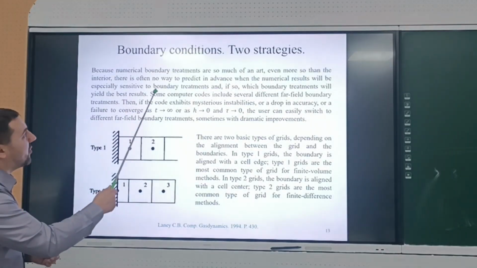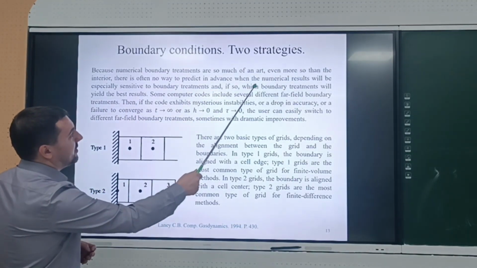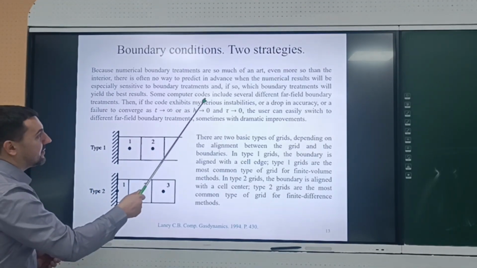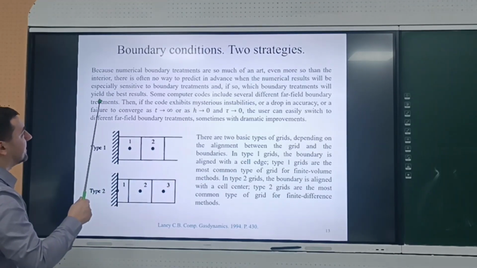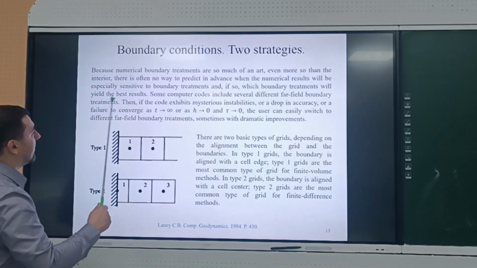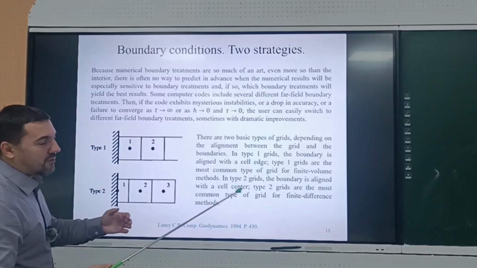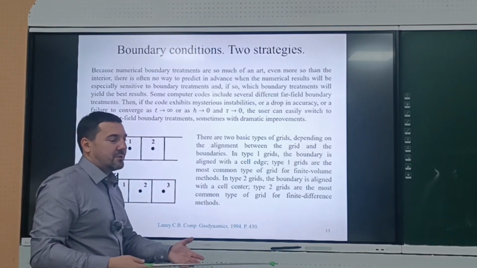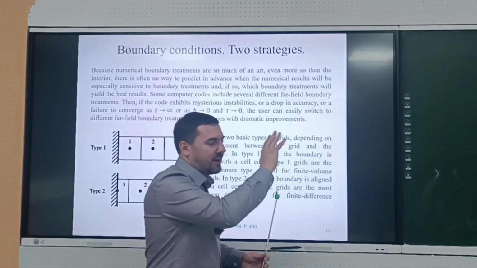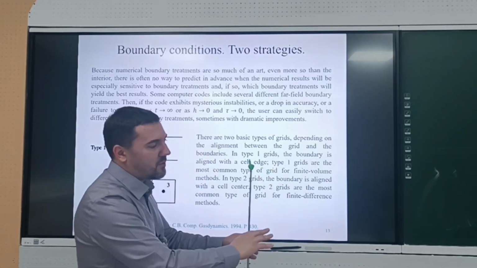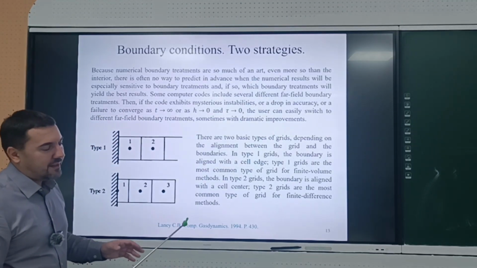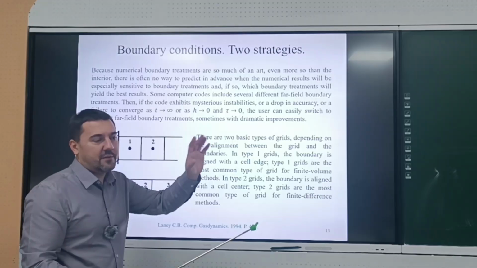And there is often no way to predict in advance when the numerical results will be especially sensitive to boundary treatments, and if so, which boundary treatment will yield the best results. Some computer codes include several different far-field boundary treatments. From a physical point of view, for example, you want to establish some pressure. So you say, okay, this boundary is far from the place we are going to study our flow. Let's just set pressure at the infinity.